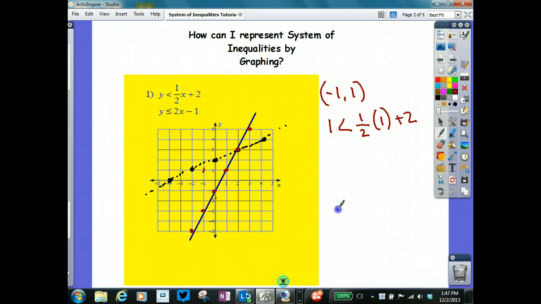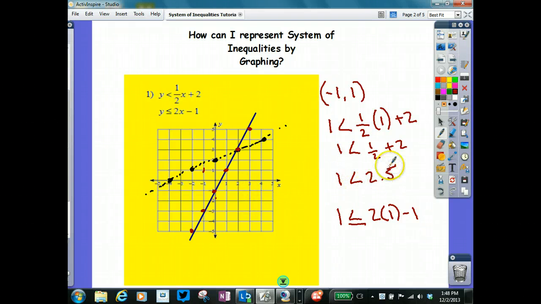For my other one, 1 is less than or equal to 2 times 1 minus 1. The first: 1 is less than 1/2 plus 2, so 1 is less than 2.5. That's true.